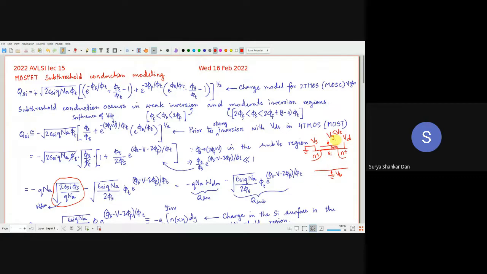But the circuits people are usually concerned about the biases which we apply only on the terminals, that is, what is the voltage at the source terminal, what is the voltage at the gate terminal, what is the voltage at the drain terminal, and so on. So the terminal voltages are something which will be necessary for circuit design.